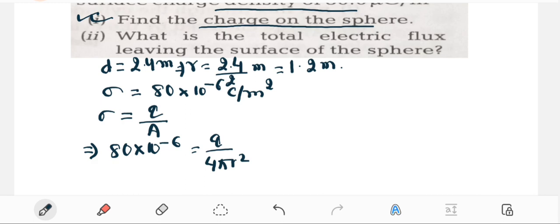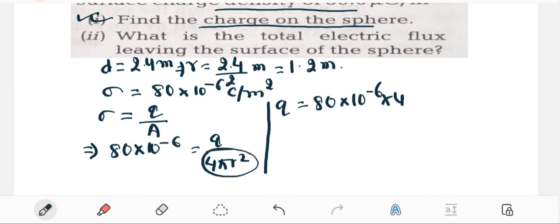Now when we put the values over here, we get that the charge is equal to 80 into 10 to the power minus 6 multiplied by 4. This whole part will move over here and will be multiplied, and it becomes 4 into pi.